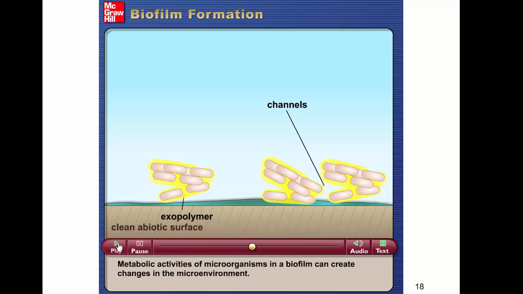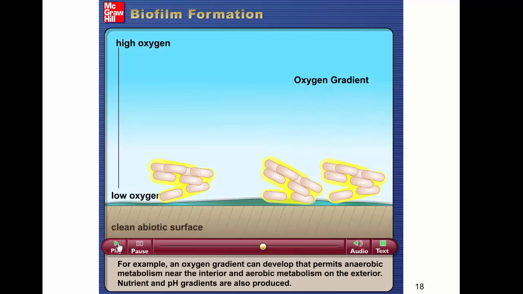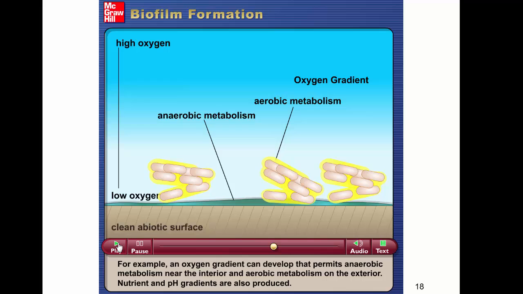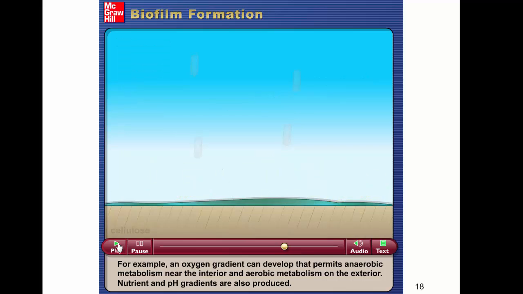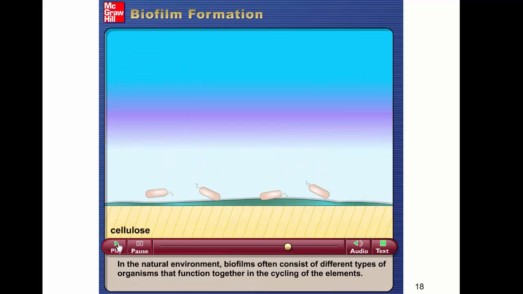Metabolic activities of microorganisms in a biofilm can create changes in the microenvironment. For example, an oxygen gradient can develop that permits anaerobic metabolism near the interior and aerobic metabolism on the exterior. Nutrient and pH gradients are also produced. In the natural environment, biofilms often consist of different types of organisms that function together in the cycling of the elements.